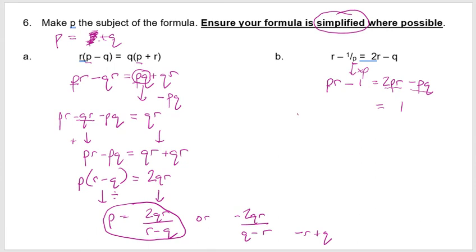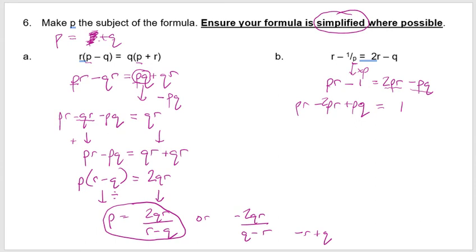Now on the left, we've already got PR there, so I'm going to subtract 2PR to remove it from the right hand side, and I'm going to add PQ to remove that from the right hand side. So I've done a couple of things there in one go. If you wanted to break it down into several steps, please do, so as not to overly confuse yourself.